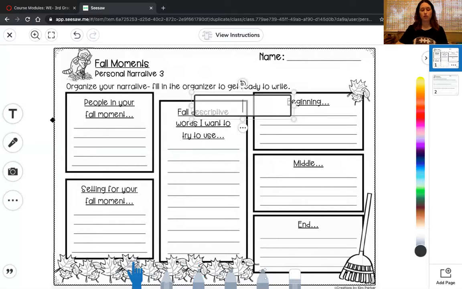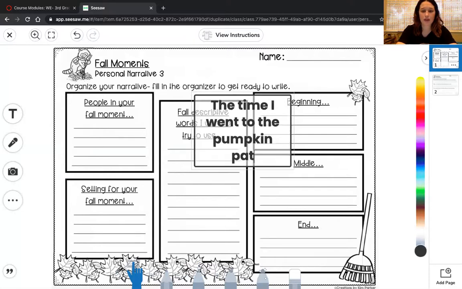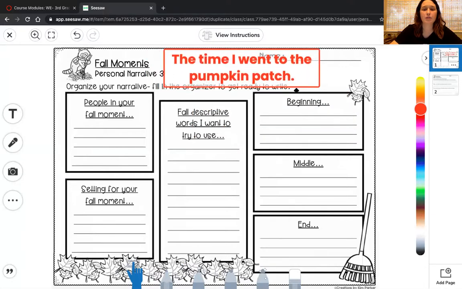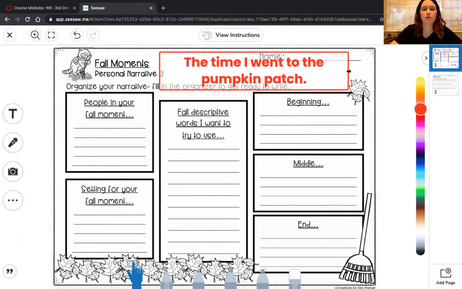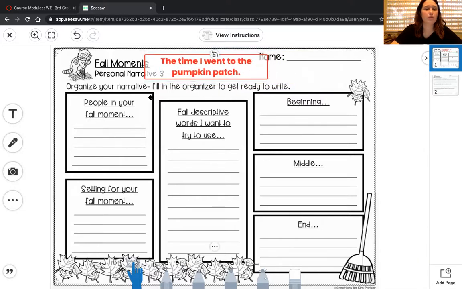I'm looking at my journal, and I wrote the time I went to the pumpkin patch, okay? I may even make it a different color so I can see it, and then I'm going to stick it up here and make it a little smaller, so I don't forget what my topic was.